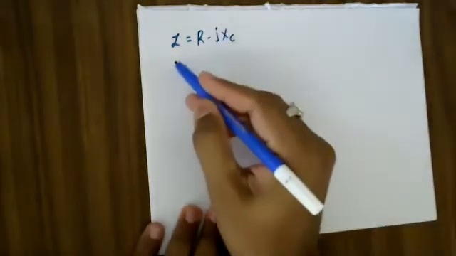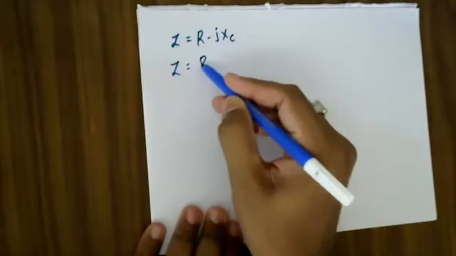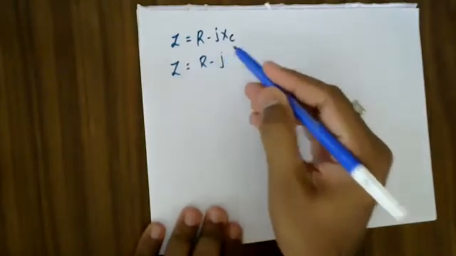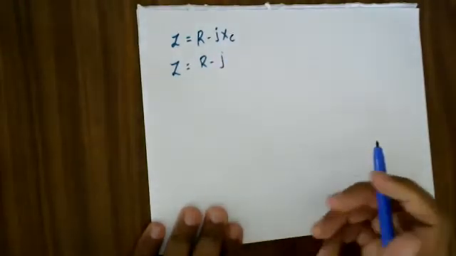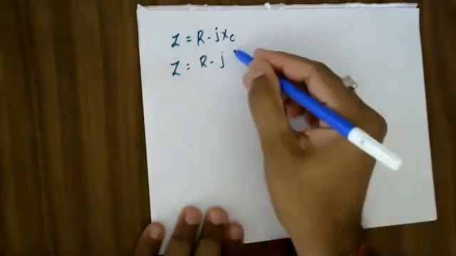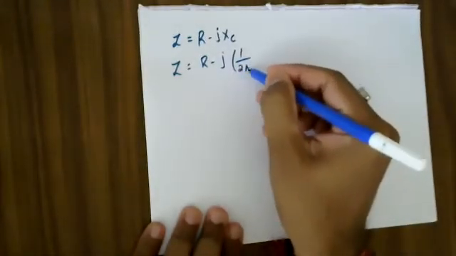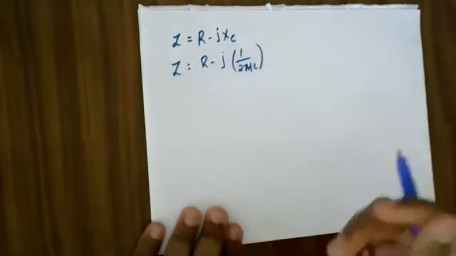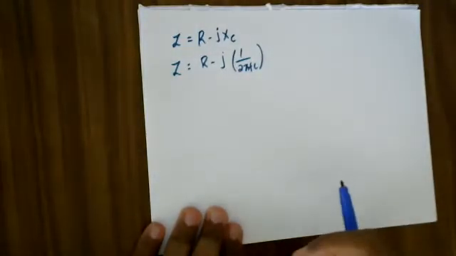Now I can take this equation ahead, writing this as R minus j times XC, where XC is defined as 1 over 2 pi FC.